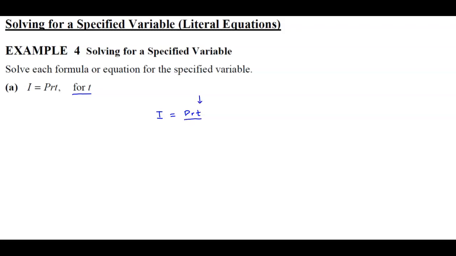So we're going to divide both sides by pr. And what happens is on the left side of the equation we get I over p times r. And over here we know that we're left with t. And so therefore we've solved this literal equation for t.